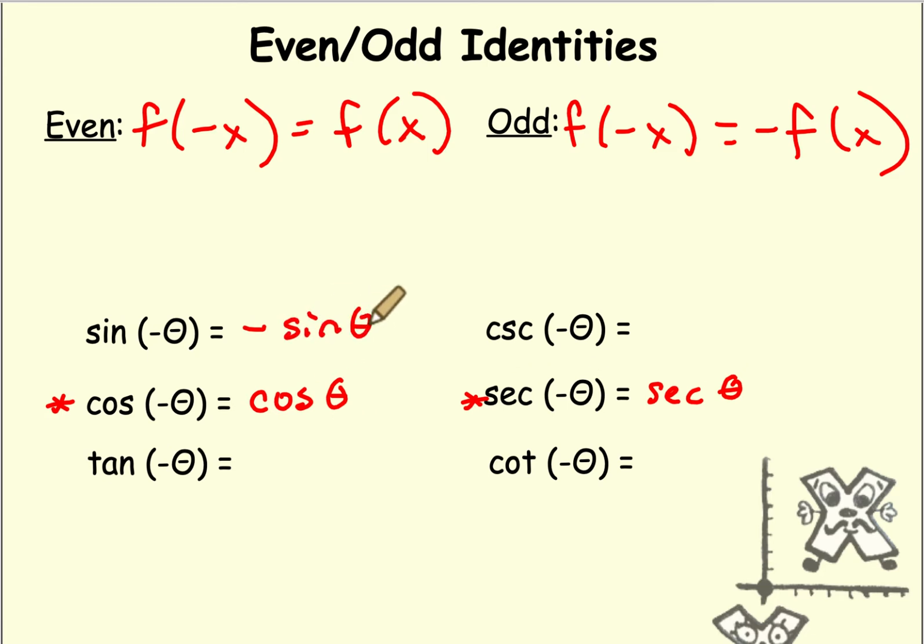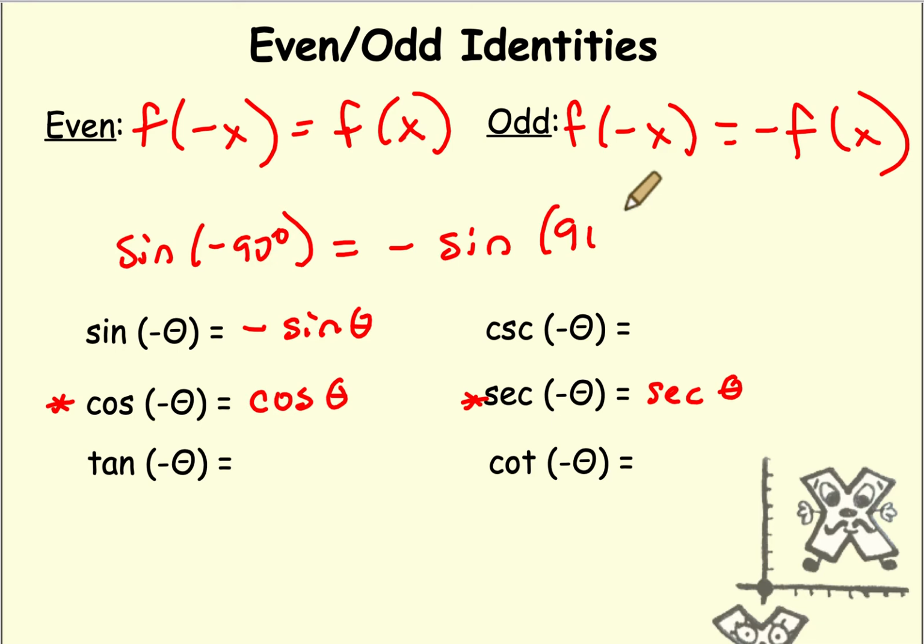So basically it's like saying that sine of negative 90 degrees is going to be the same as the opposite of the sine of 90 degrees. Negative 90 degrees is at 3 pi over 2, which is -1.